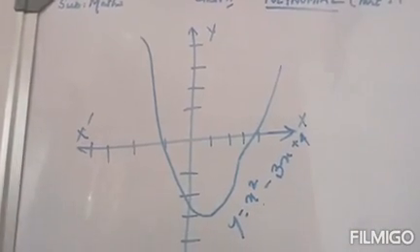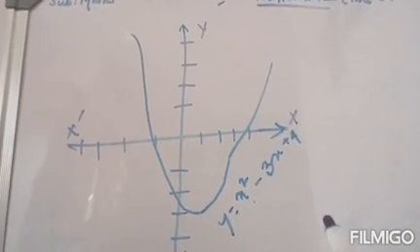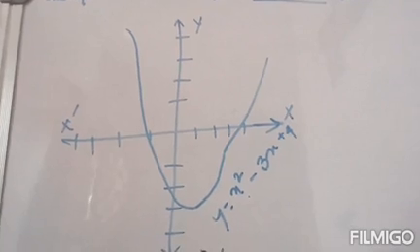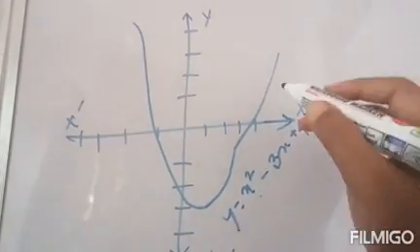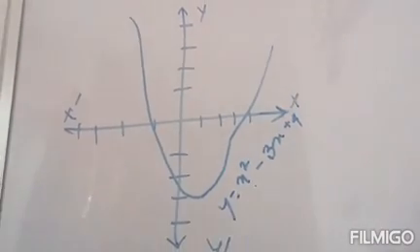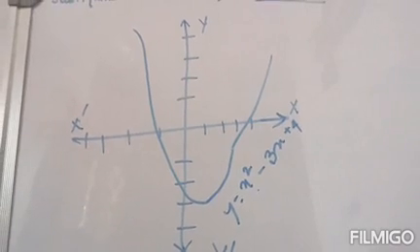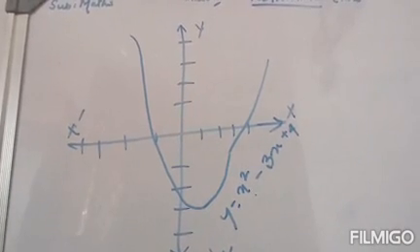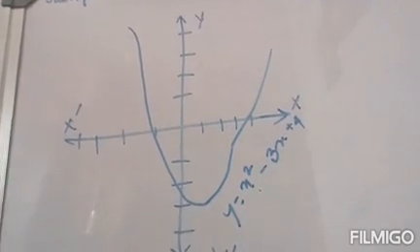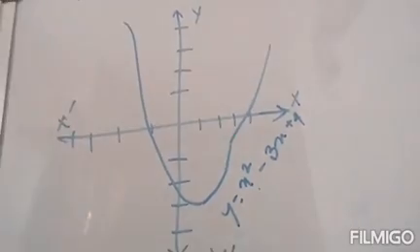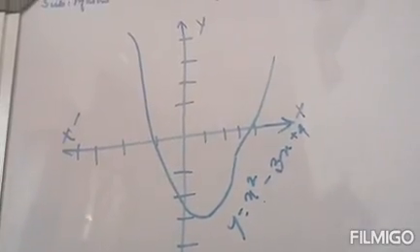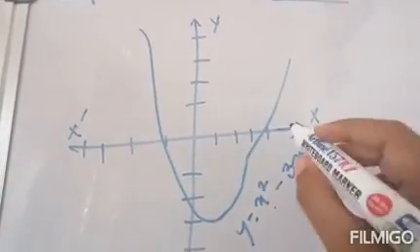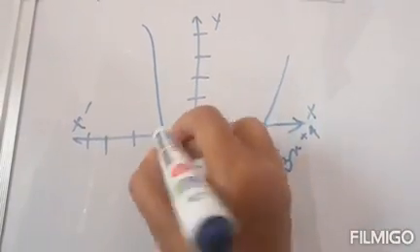Now at 2 points this graph is intersecting the x-axis, which means that at those points y is 0. There is no value for y. What are the 2 points? This is one point and this is another point.